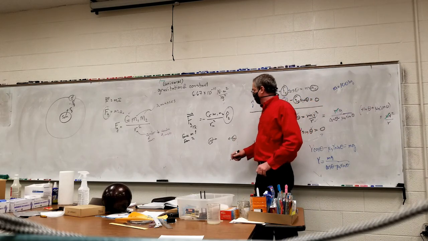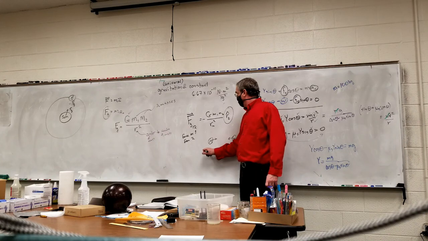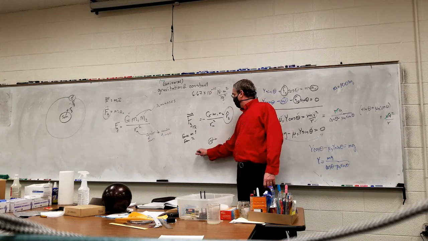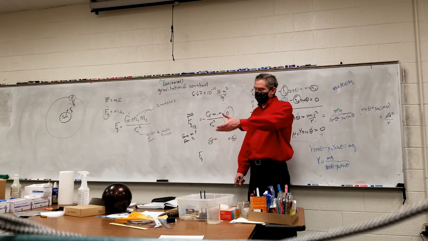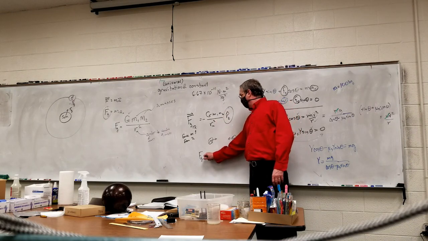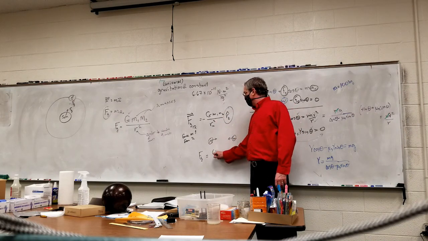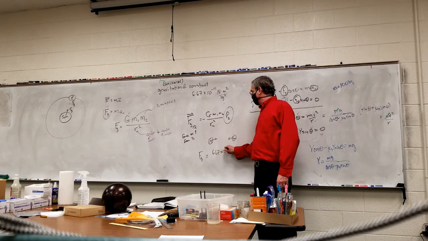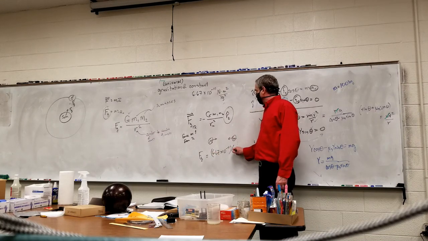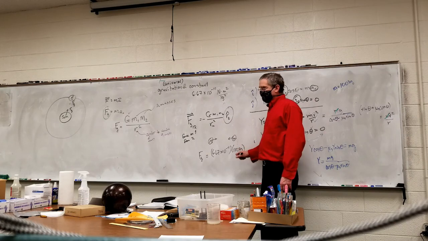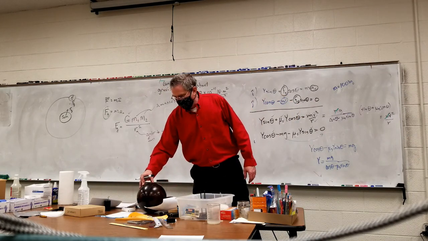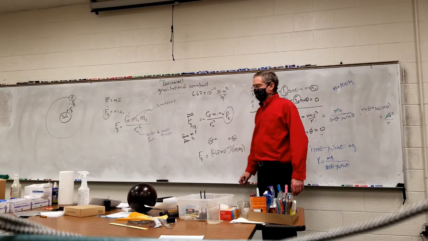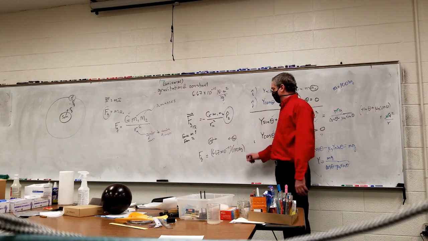Let's do a quick calculation, then I'll hand back tests. So the magnitude of the force of gravity between me and the bowling ball: 6.67 times 10 to the negative 11th. My mass is about 100 kilograms, and the mass of the bowling ball, 3 kilograms.